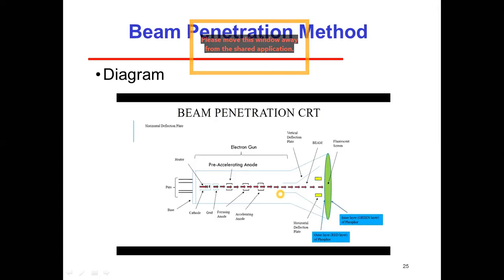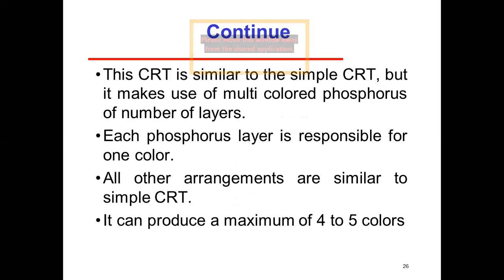So how can we produce the image with the help of beam penetration? This CRT is similar to the simple CRT, but it makes use of multicolored phosphor. So here we are using multicolored phosphor with a number of layers. Each phosphor layer is responsible for one color.